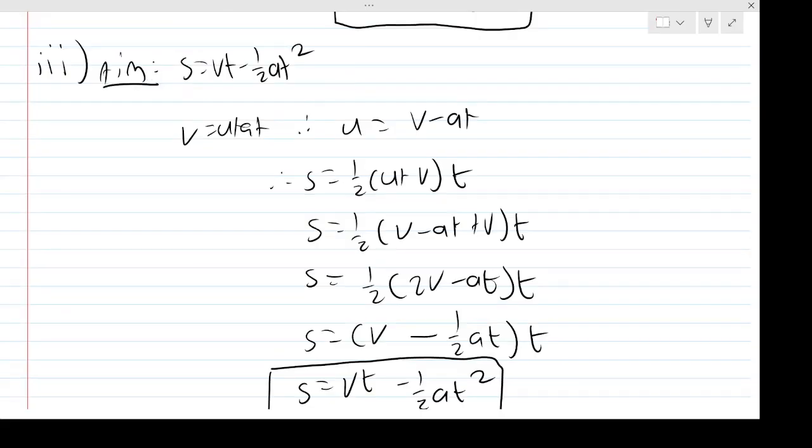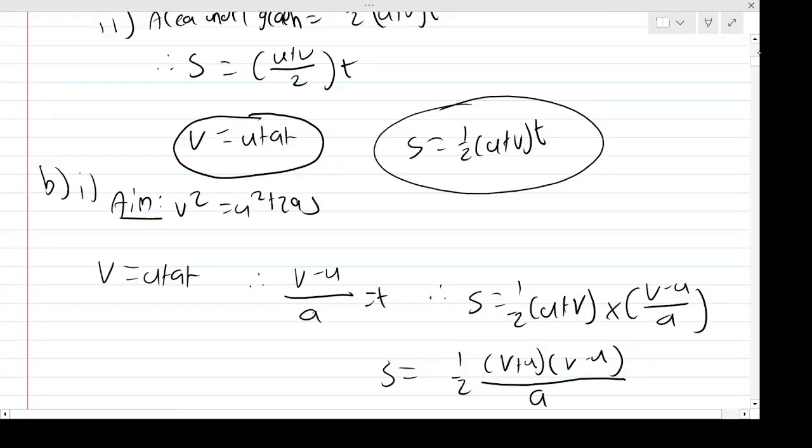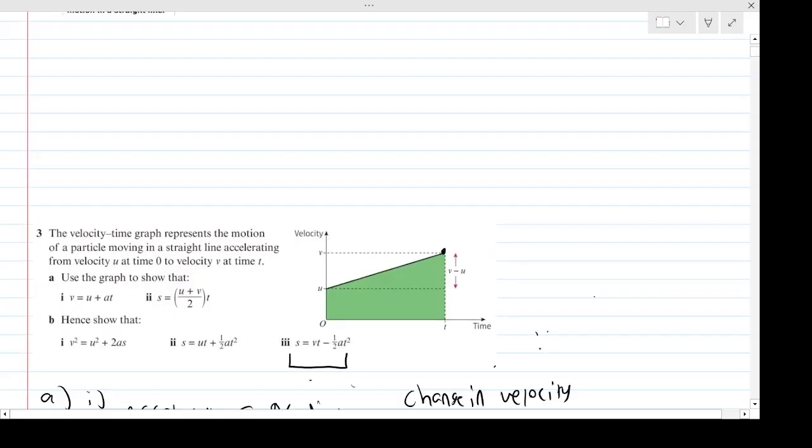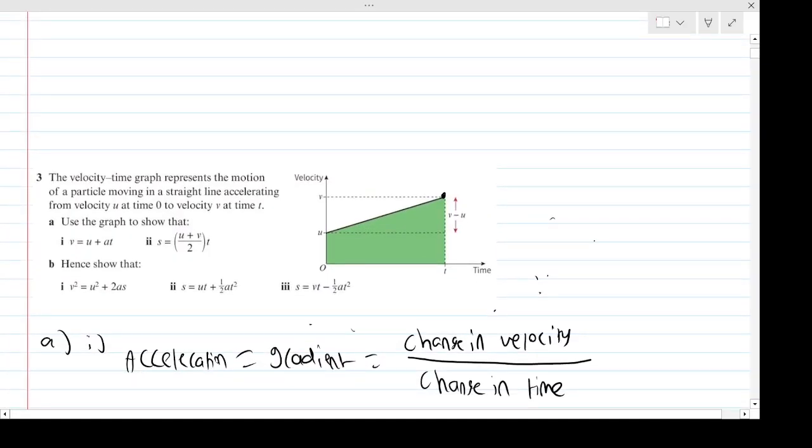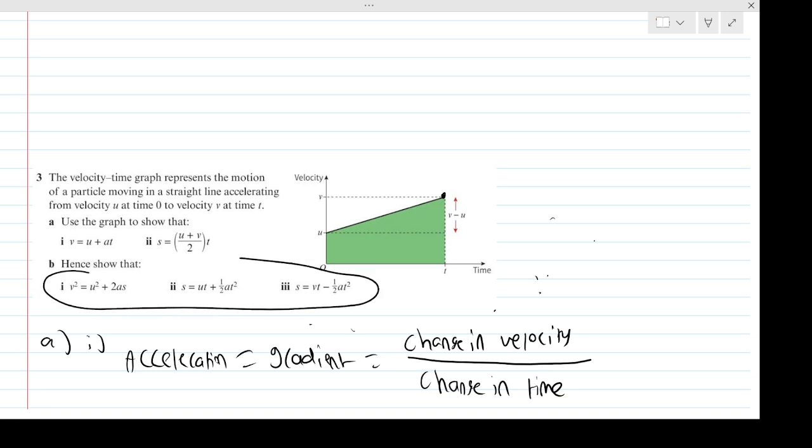Okay, and so actually what we found now are 3 more formulas I can use to work with these sorts of problems with acceleration, displacement and so on, where we can find a missing time, missing displacement, missing acceleration, missing velocity. So I've got more equations to help me. And what's the purpose of this?